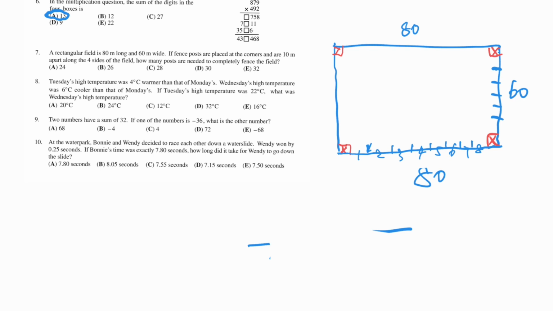What's the total posts? It will be 4 in the corners and 7 times 2 in the top and the bottom. Left and right sides are 5 times 2. That's equal to 28. So the answer is C.